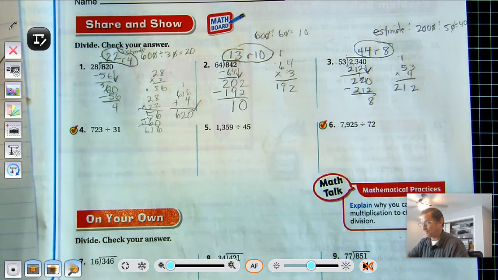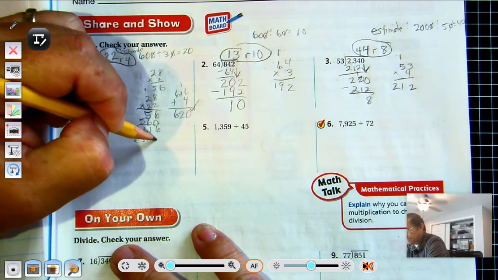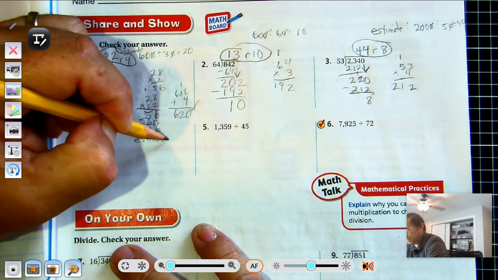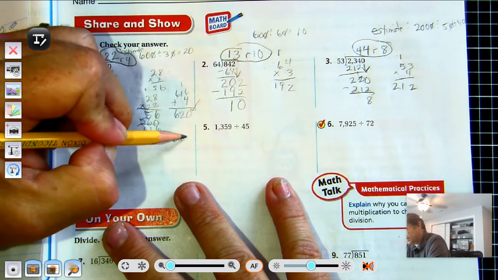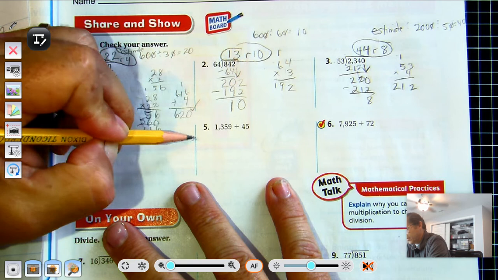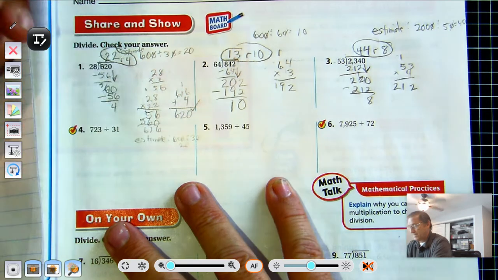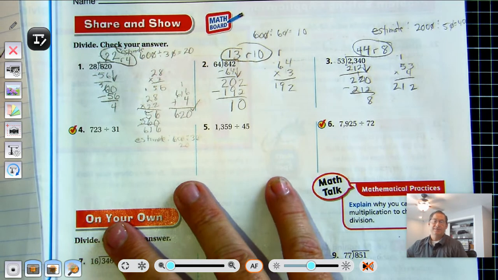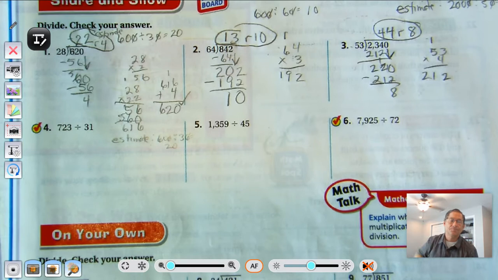Number 4, 723 divided by 30. So I'm going to have an estimate of 600 divided by 30. Cross out the end zeros, and I have an estimate of 20. 60 divided by 30. 60 divided by 3 is 20.